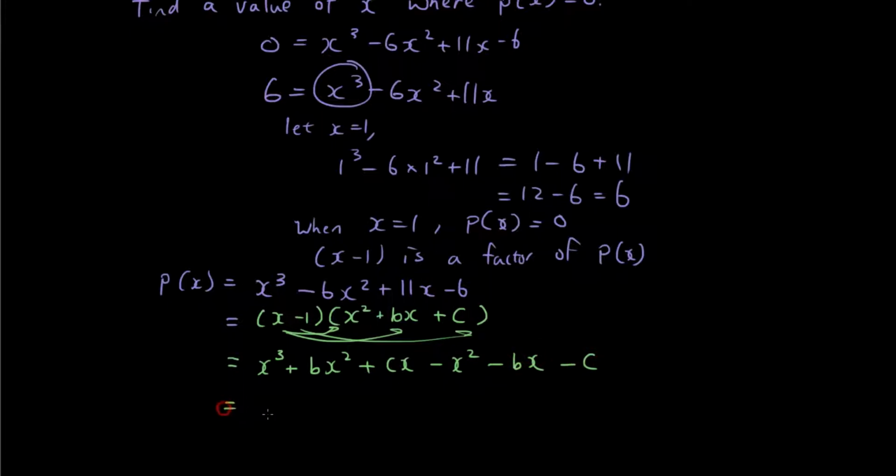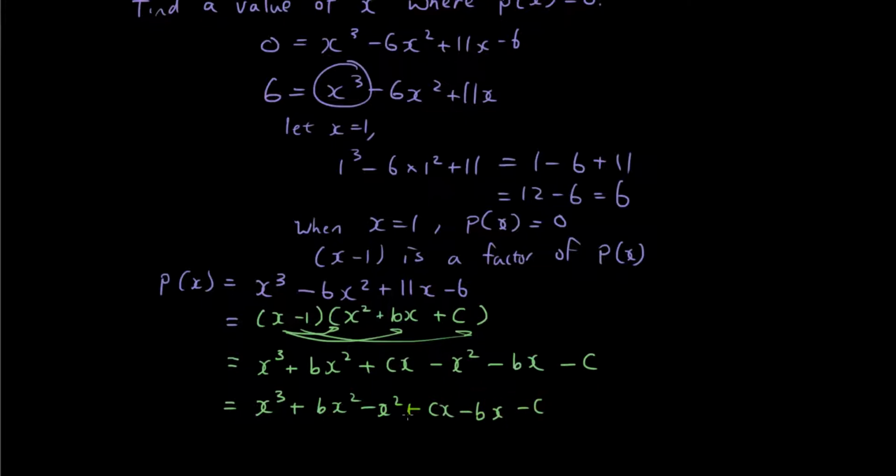So that will be x cubed plus bx squared minus x squared plus cx minus bx minus c.